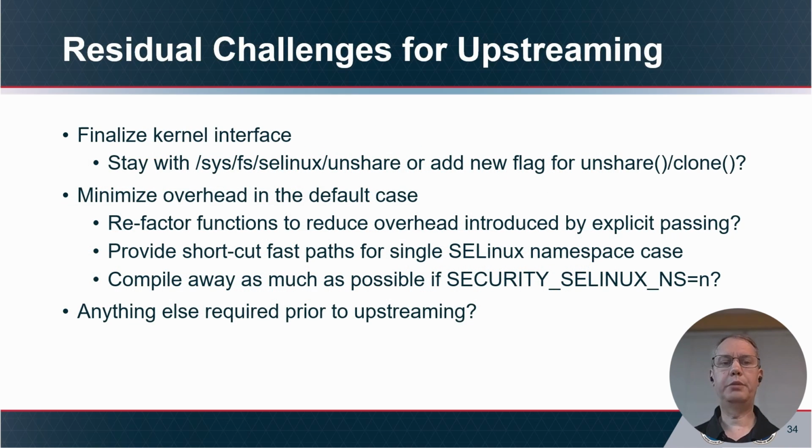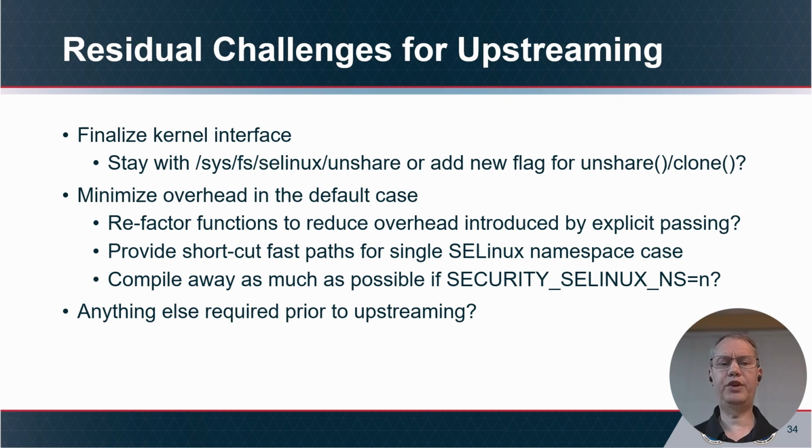While there are a number of remaining open issues that ultimately need to be resolved in order to fully support SELinux namespaces at scale, the two listed here are the ones I believe are required prior to upstreaming the support to the mainline kernel. First, we need to finalize the kernel interface so that we don't upstream something that will ultimately break user space later.